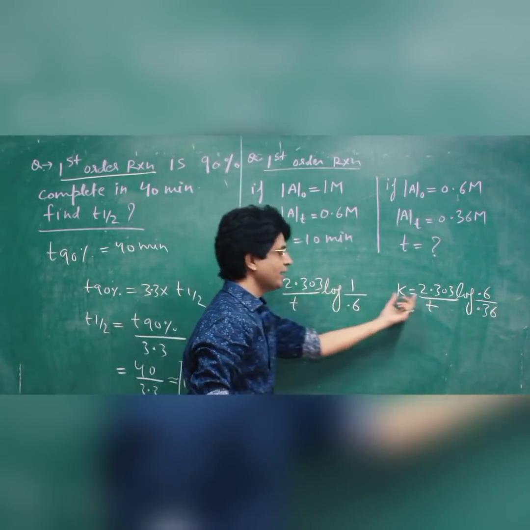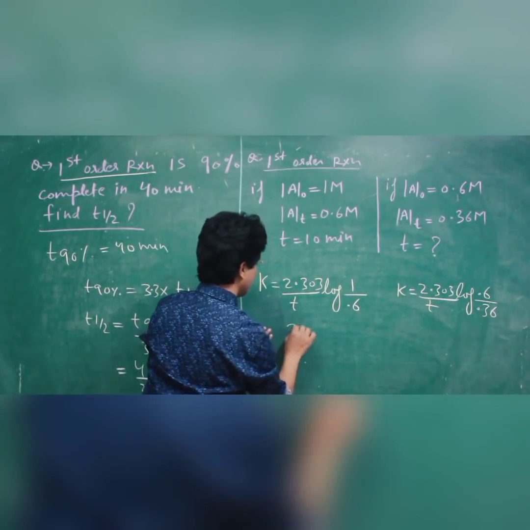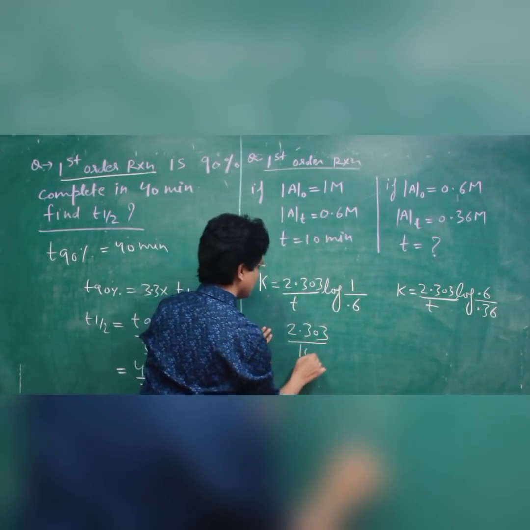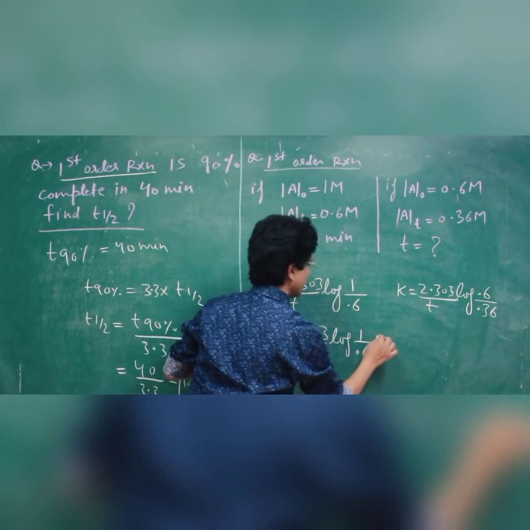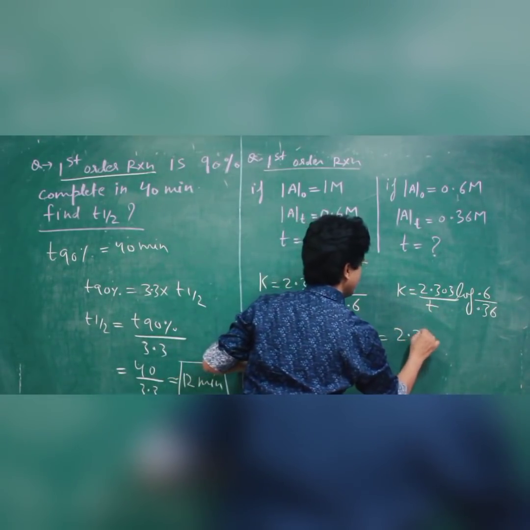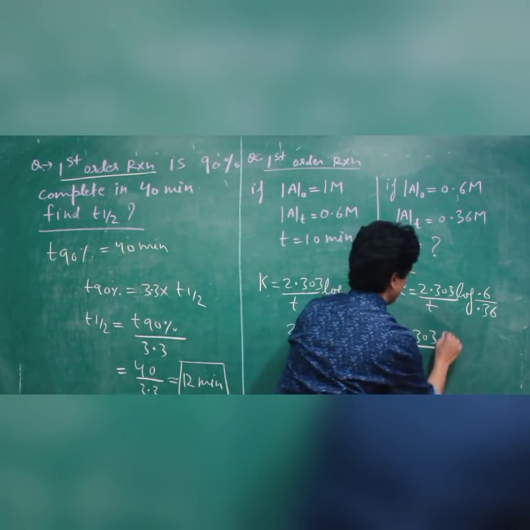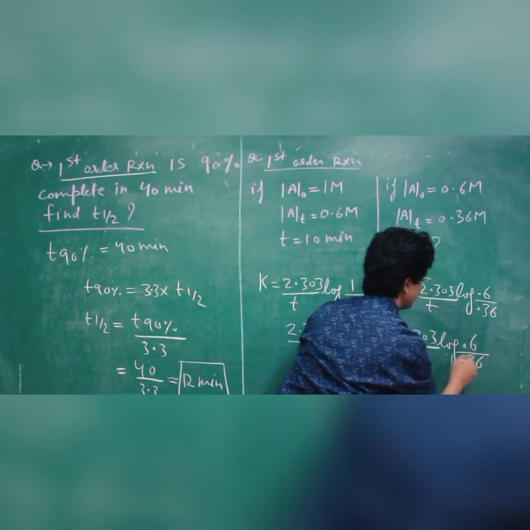Now since they both are equal, can we equate that? Yes, we can definitely equate that. This will be 2.303 upon T, given as 10 minutes, log of 1 upon 0.6 should be equal to 2.303 upon T, we have to find it out, log of 0.6 upon 0.36.